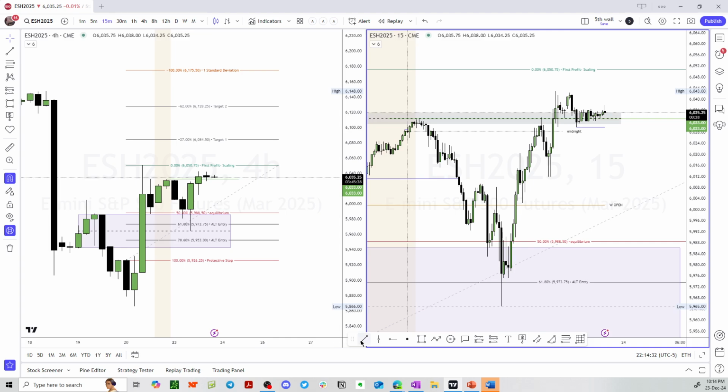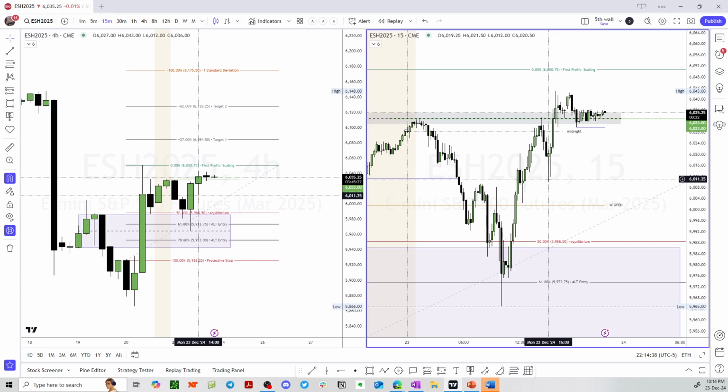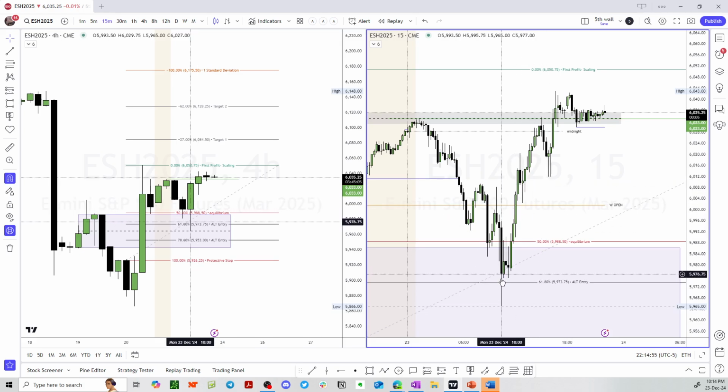What time did that happen? This was at 10 o'clock. This was at 1500, 3 p.m. And you can see, anyways, this is very exciting. So this is the London close between 10 and 12.